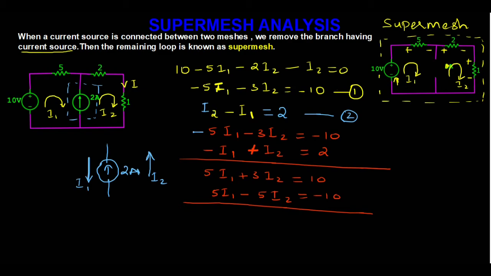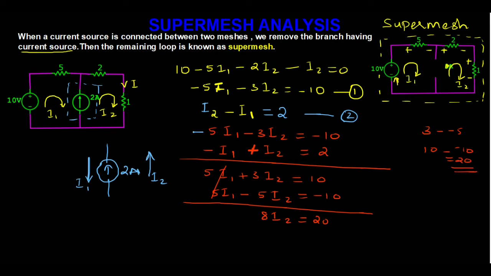Now if we simplify this, we subtract. 5I1 minus 5I1 is 0, so I1 gets cancelled. For I2, 3 minus minus 5 gives 8I2. So 8I2 equals 10 minus minus 10, which is 20.